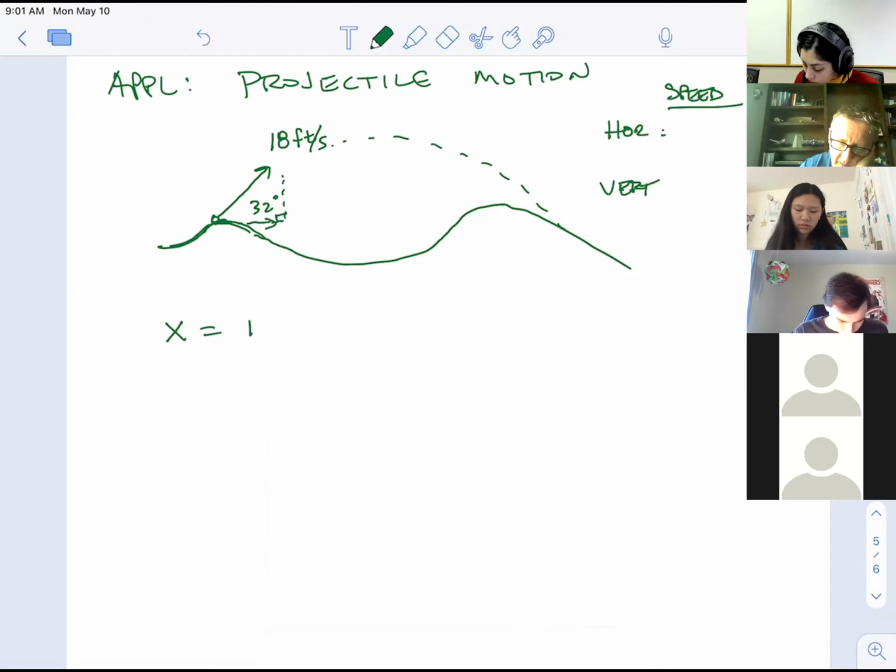The horizontal component down here of that would be the cosine of 32. So if you take 18 times the cosine of 32, I've got to get my calculator into degree mode for this application. 18 cosine of 32, I get 15.3, rounded off.